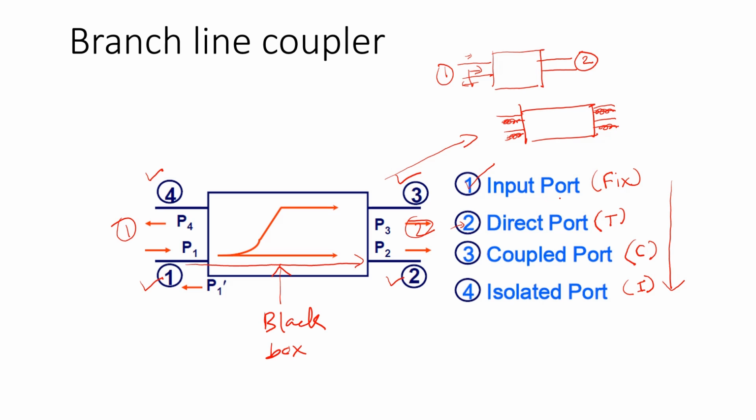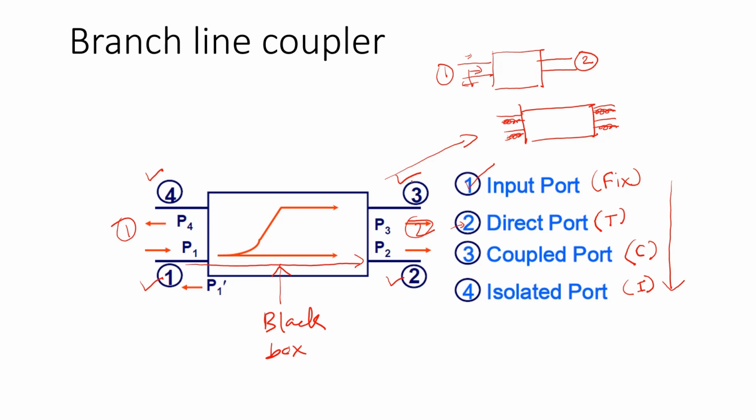And all this nomenclature is because we have fixed port 1 as our input port. But now if we change it, like we say no, we don't want port 1 as our input port, we want port 3 as our input port. You are getting me, right? This is a symmetrical device or circuit, so that means everything should be replicated for port 3 also, and yes, everything got replicated.